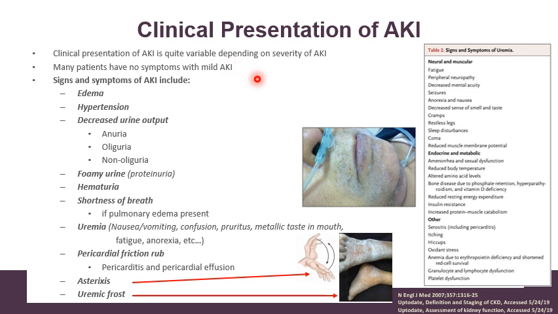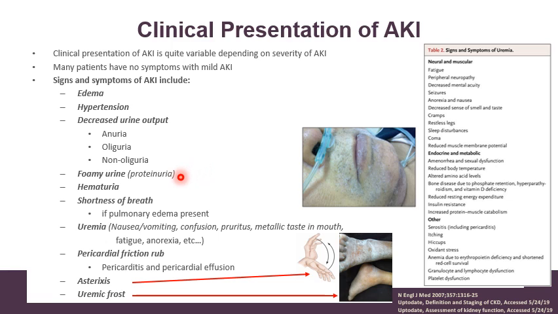So how do people with acute kidney injury present? Very similar to chronic kidney disease, in that the symptoms depend on the severity of the acute kidney injury. Most patients don't have any symptoms. Some can have mild symptoms to very severe. Again, edema, hypertension, low urine output, whether it's complete anuria to oliguria to non-oliguria.